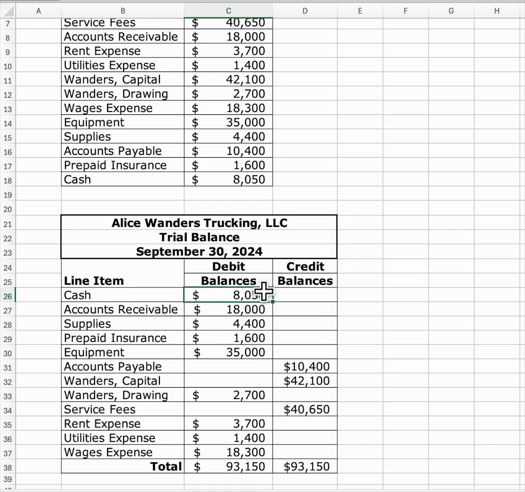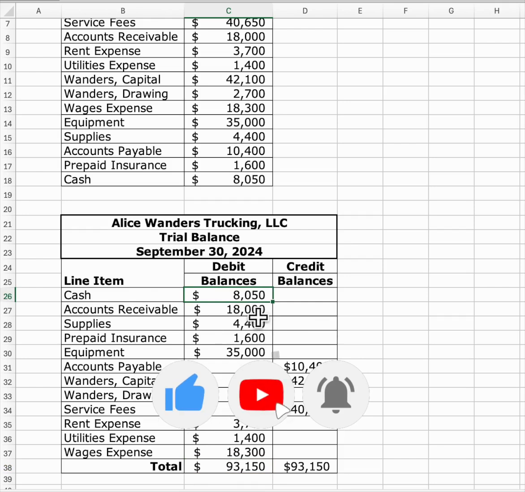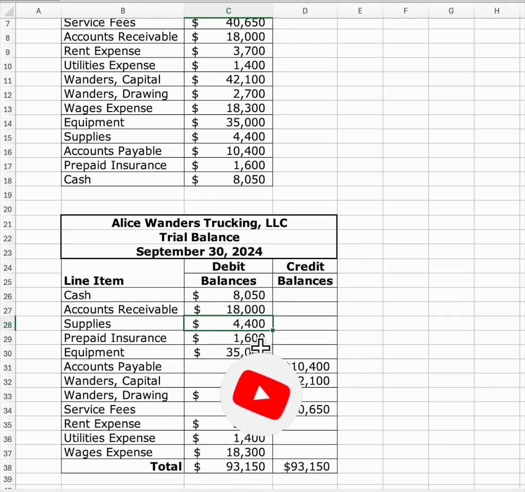So I'll just go back again. On the debit side, normal balances on debit are cash, accounts receivable, supplies, prepaid insurance, your equipment. So owner's draw. So even though it's owner's equity, drawing normally, because you're taking money out of the company, that will normally balance on the debit side.